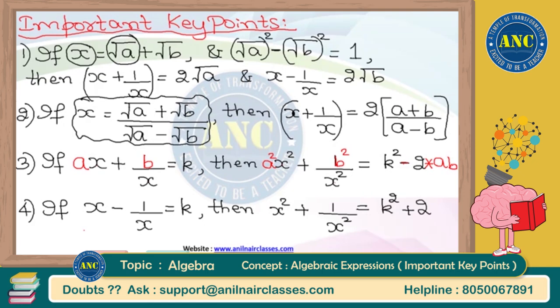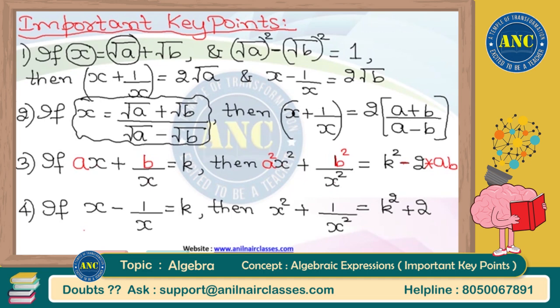That means a very simple way of remembering. Whenever the coefficients of x and 1 by x are not equal to 1, take that k square minus 2 whatever you got. In that k square minus 2, take the number 2, and that 2 should be multiplied by whatever coefficient of x you have and whatever coefficient of 1 by x you have.